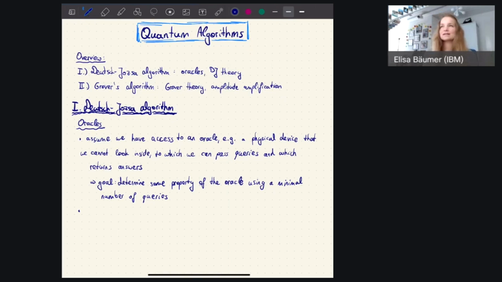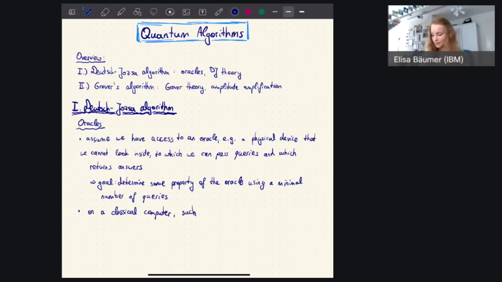And oracles can actually be very different depending on what problem we're looking at. They have different functions. So in general, it's really just some functions that we can also efficiently program. Or in the case of Grover's algorithm, it's just some unknown function, but an efficient function where we just don't know what it does, as you will see in a second.